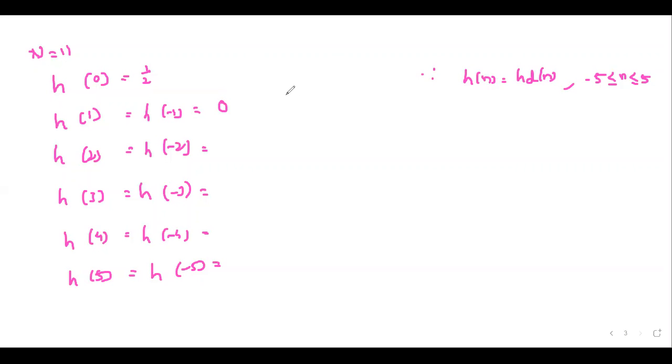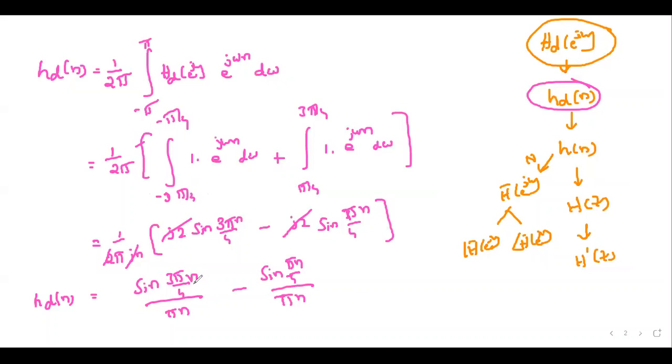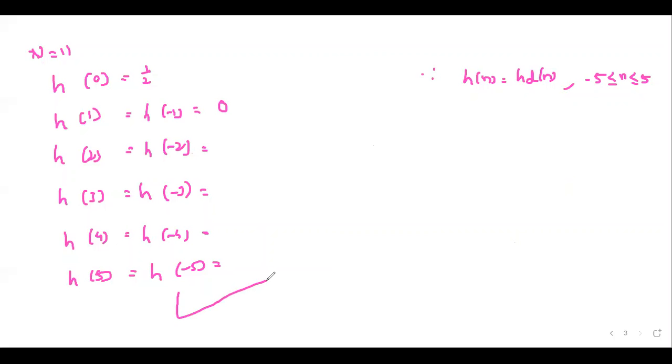Minus 1 by pi, sir, h of 2. Tell me in the values. Sine 3 pi by 2 value is minus 1. For n equal to 2, sine 3 pi by 2 is minus 1, and minus 1 by 2 pi.